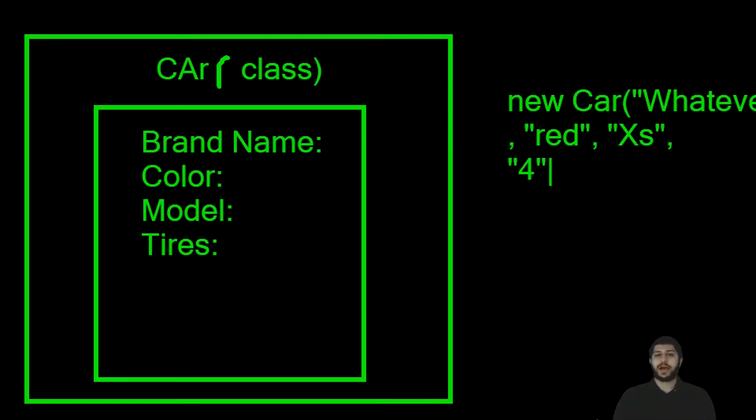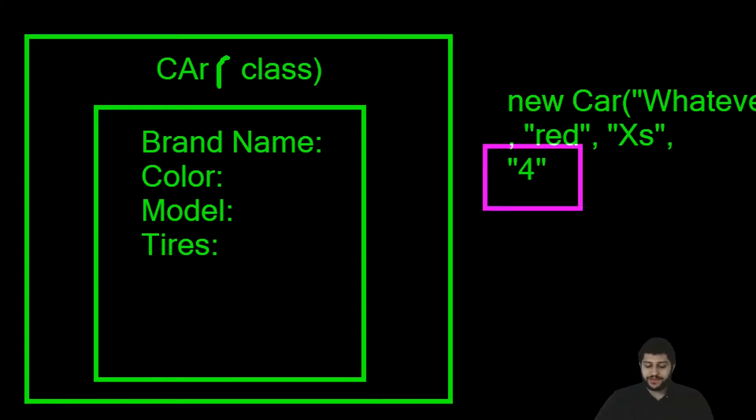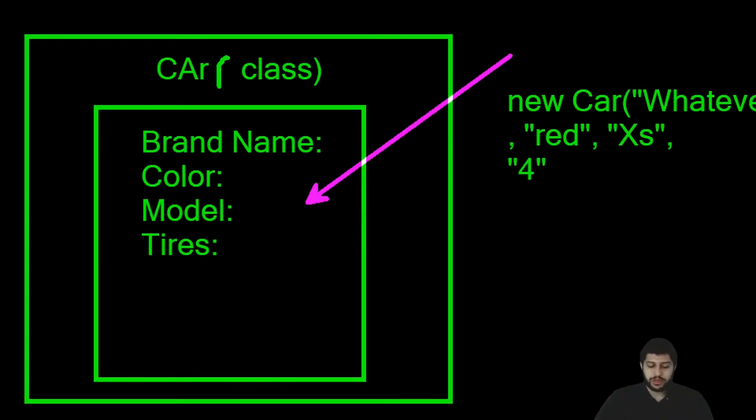And this is just an example. But I can create another car that has 5 tires. Each car needs to conform to this specification, to this template, to this car class.